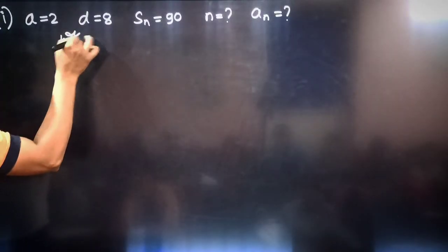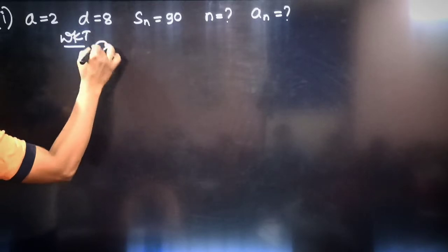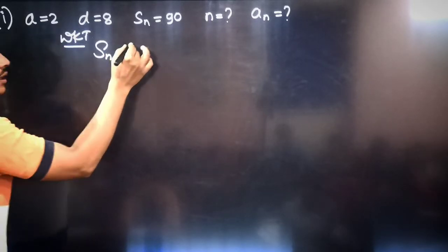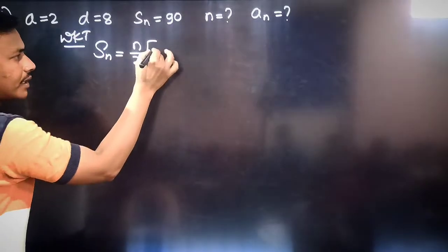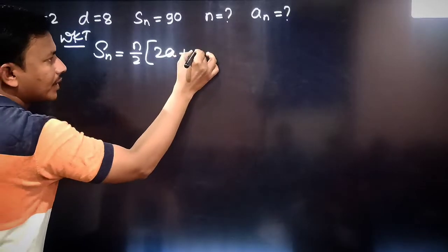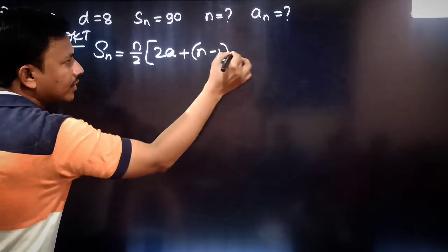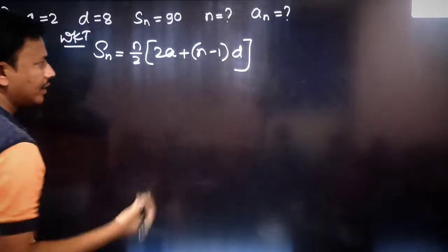Sn is equal to n divided by 2 in bracket 2a plus n minus 1 into d.